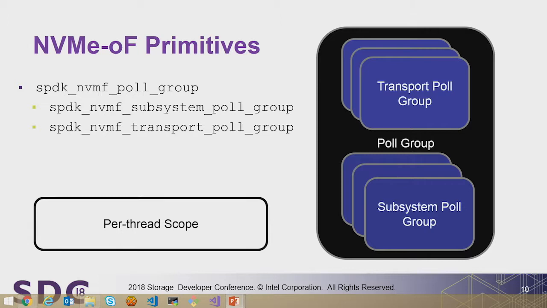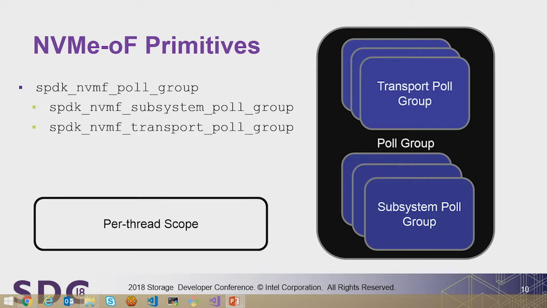Okay. So the transport poll groups is all RDMA queue pairs, and the subsystem poll group is all the backing device NVMe queue pairs. And the way you do the lookup between them is you poll the set of network connections to see what are my new incoming commands. You parse the command, which has a namespace ID in it, and it also has, from when the connection was established, what subsystem it belongs to.